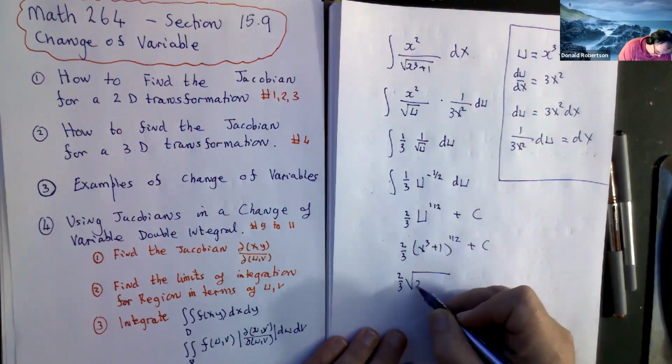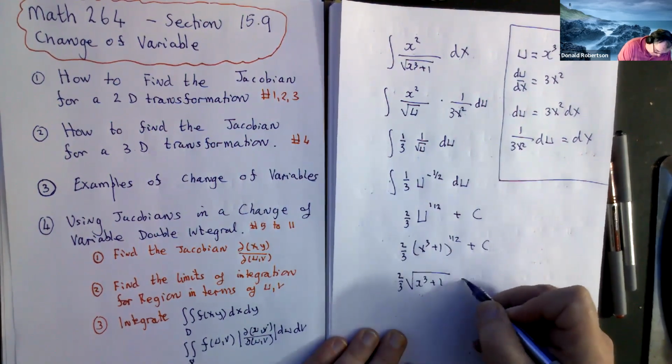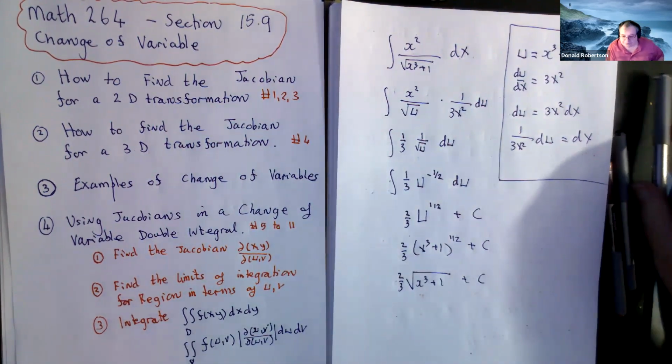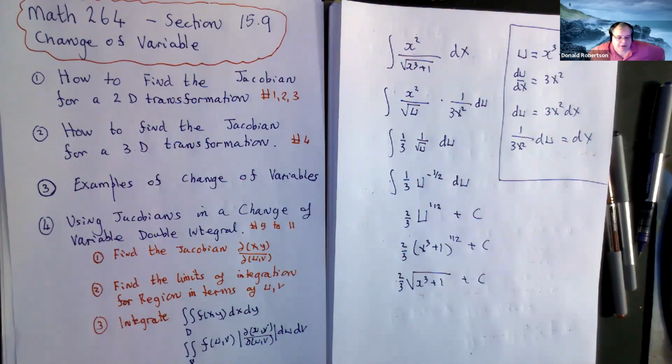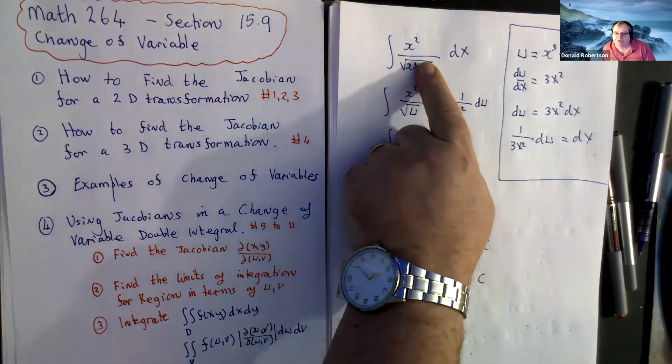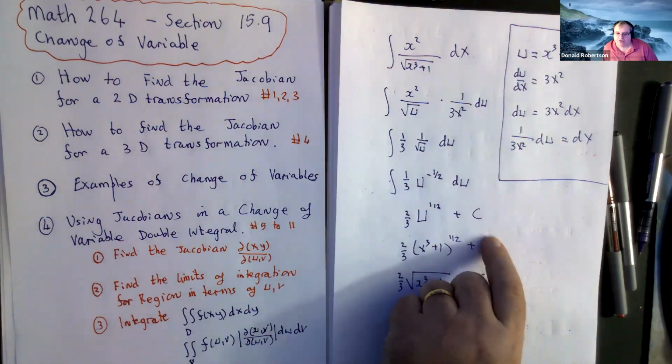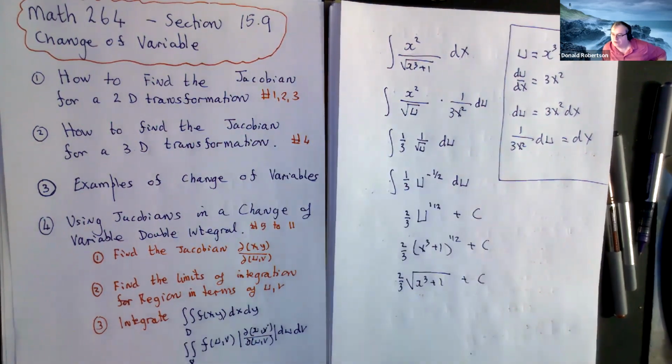And then we do some style points on it. And that is your pretty bog standard Calc 2 u sub question, right? Change a variable. And we're changing the variable from an integral that has x's to an integral that has u's.